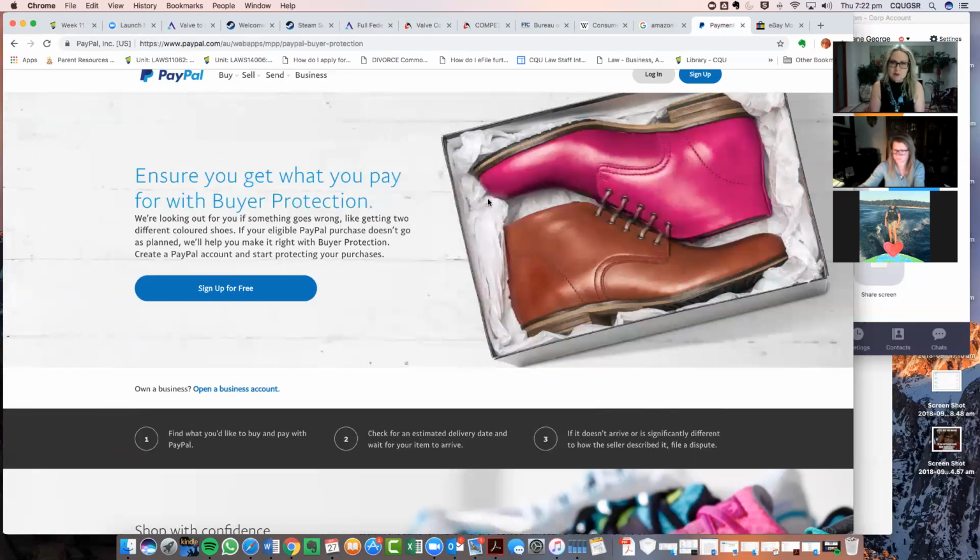How many transactions would PayPal have in a day? They have every incentive to make sure that their transactions go smoothly and that the parties are happy. Trader like Amazon, what are they going to care if one trader complains to them? They're not going to care. And that's effectively what Justin says in his article.